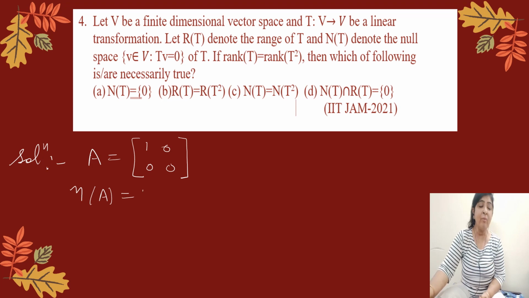Nullity of A will be 1 because the number of zero rows is 1. So the number of zero rows will count as the nullity of T. So the first option, that nullity of T is equal to 0 set, is wrong. So option A is incorrect.